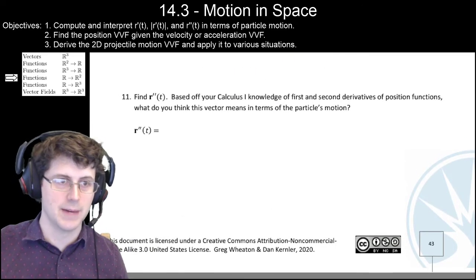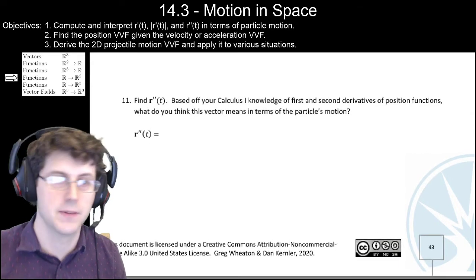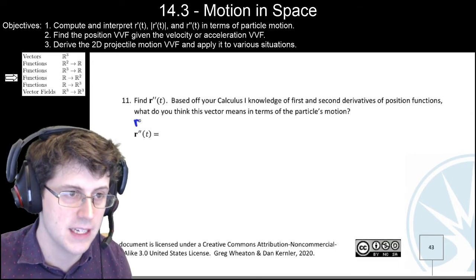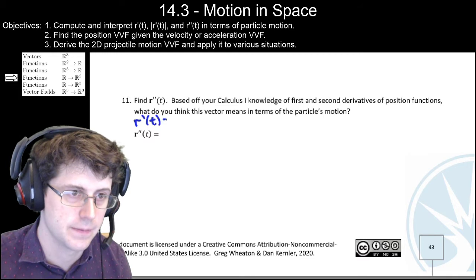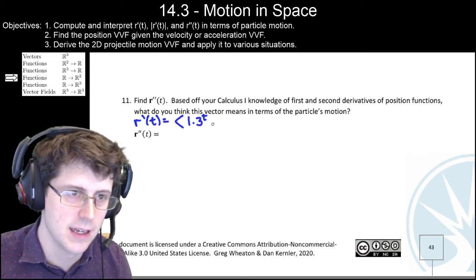Find r double prime of t. Okay. Well, we already had r prime of t. R prime of t was 1.3 to the t ln 1.3, comma 1.